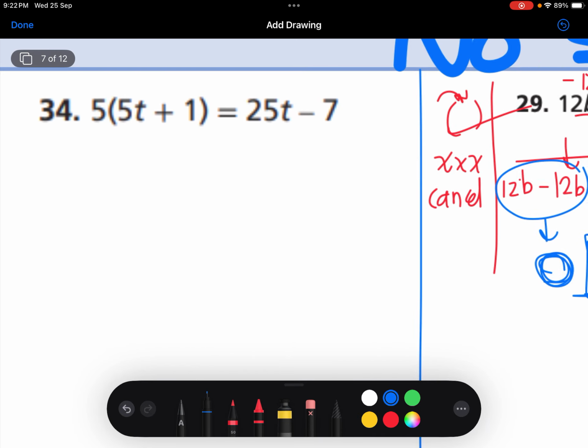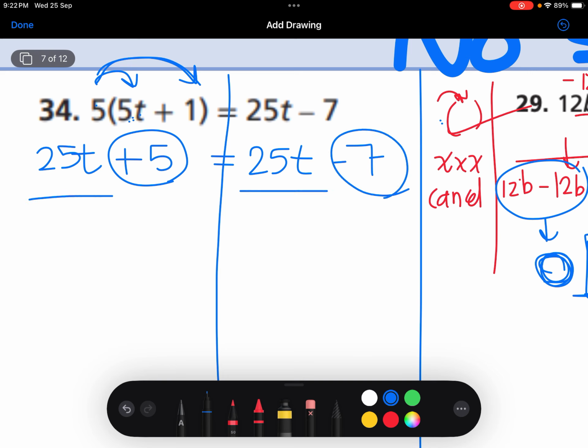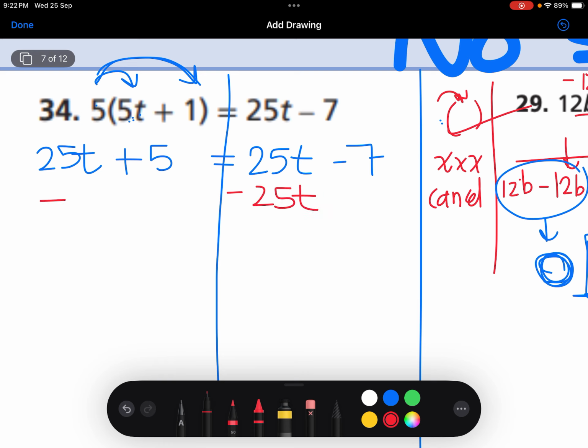Yeah, let's do this one. Separate. Now, if you have a parenthesis, open it first. Yalla, distribute. 5 times 5t is 25t. 5 times positive 1 is positive 5 equals 25t minus 7. Directly you notice that you have the same variable, different constants. So you know it's no solution, but still you have to keep on solving. Yalla, cancel the 25t from one side, and the other side also minus 25t.